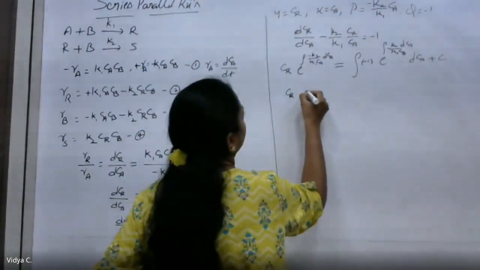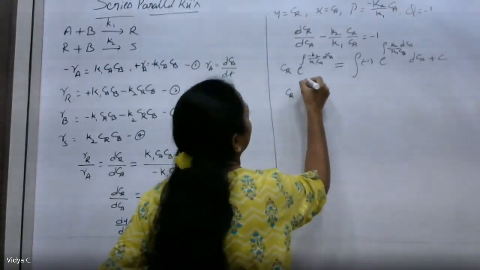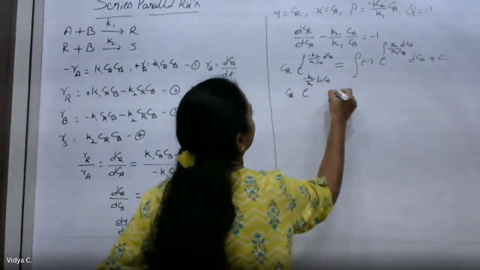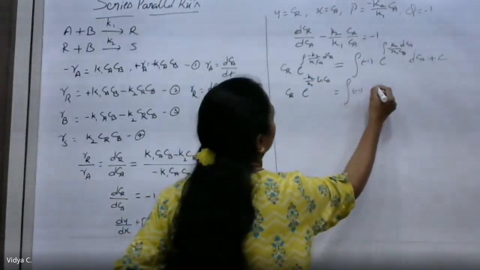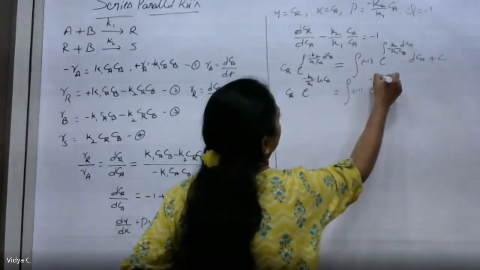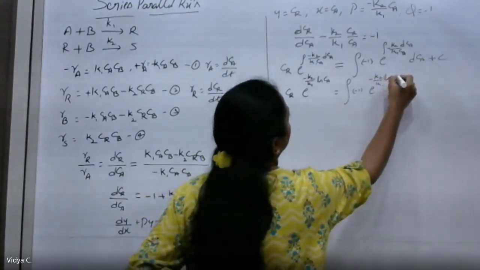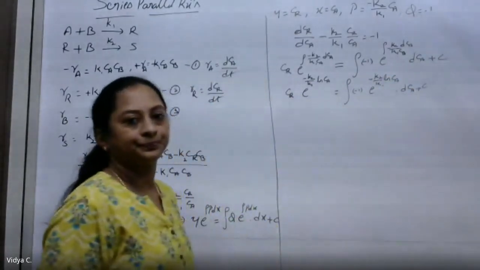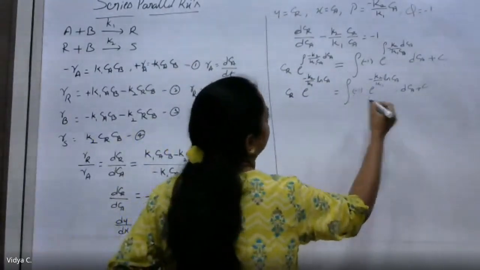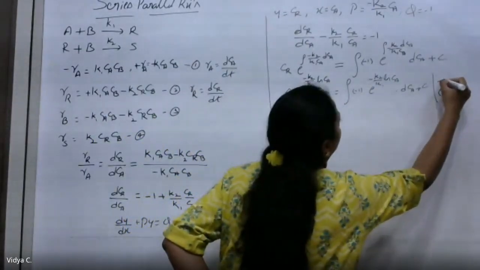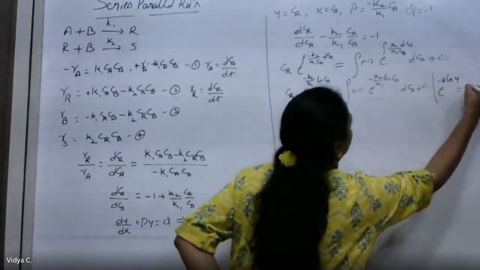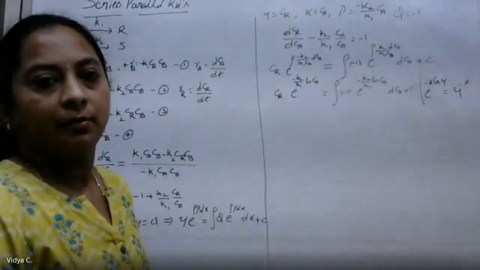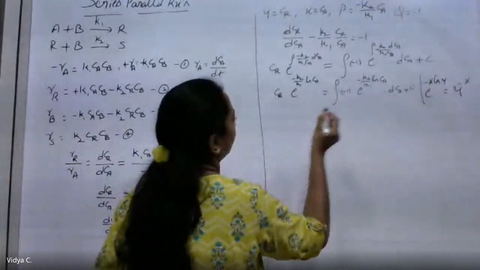CR into e to the power of minus K2 by K1 ln CA is equal to integral of minus 1 e to the power of minus K2 by K1 ln CA into dCA plus C. We know e to the power of minus x ln y is equal to y to the power of minus x.